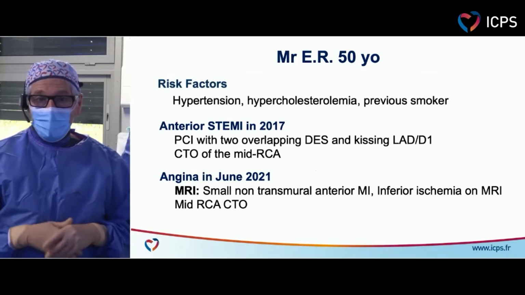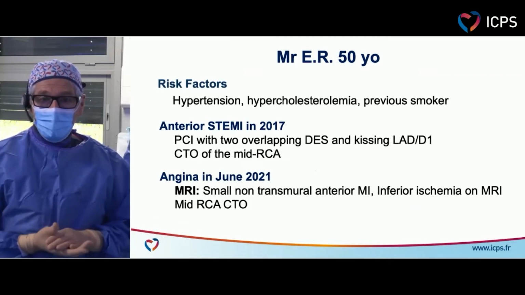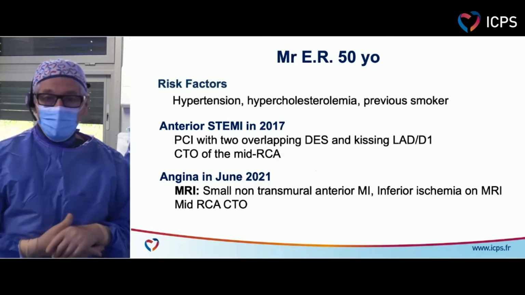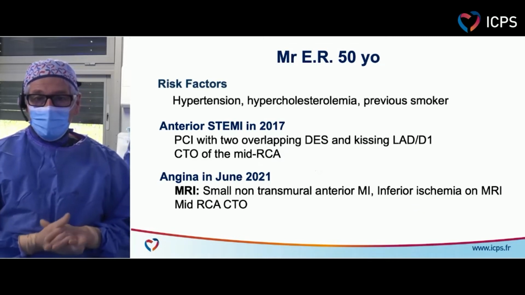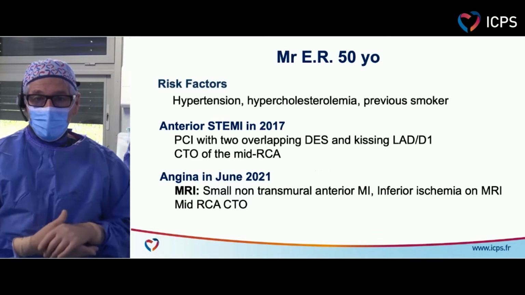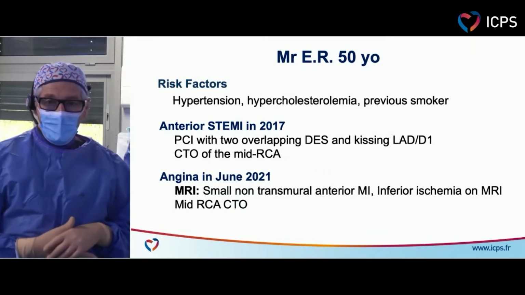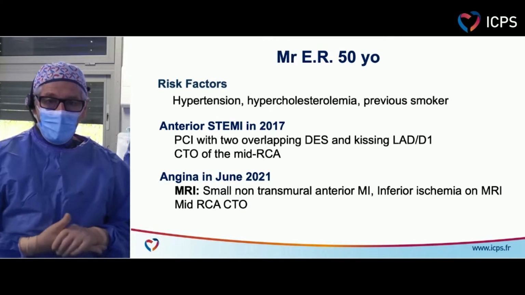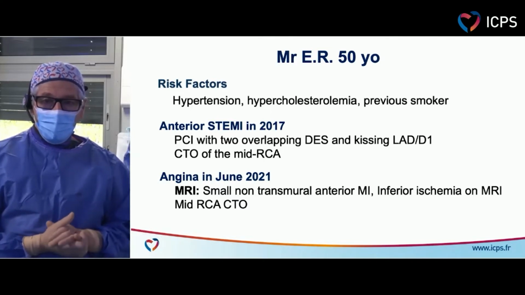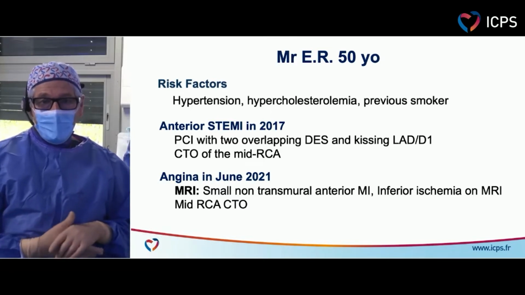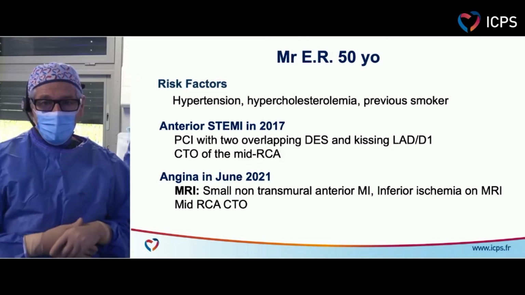At that time, he had the PCI of the LAD with 2 overlapping drug-eluting stents and kissing balloon between LAD and diagonal. He also had a CTO of the mid-RCA, which was not treated, and the patient was asymptomatic for 4 years.